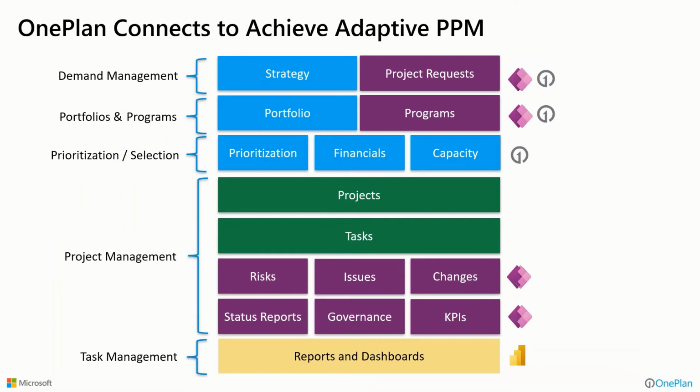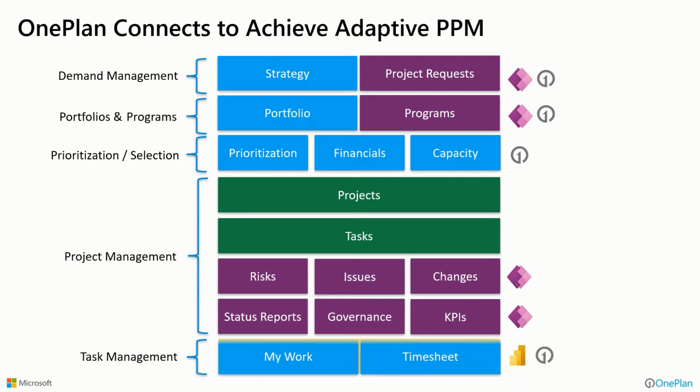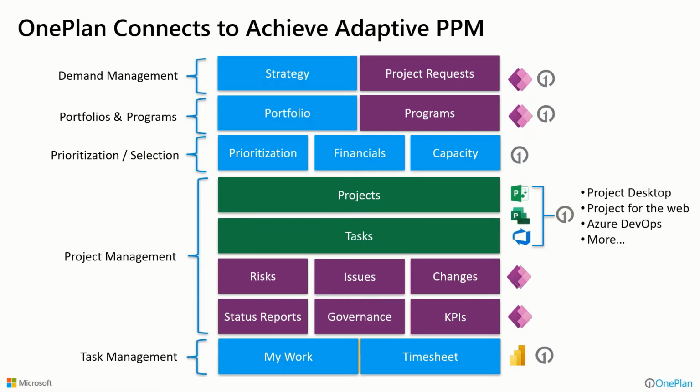So OnePlan connects also to other tool sets to achieve what's really the vision of adaptive PPM. If we look at the building blocks of what's provided with the combination of OnePlan and Power Apps and Project for the Web, including adding things like My Work and timesheets, the other dimension of that is, instead of just using Project for the Web as the scheduling tool, OnePlan allows us to connect to other execution tools like Microsoft Project Professional, which many people still want to use.